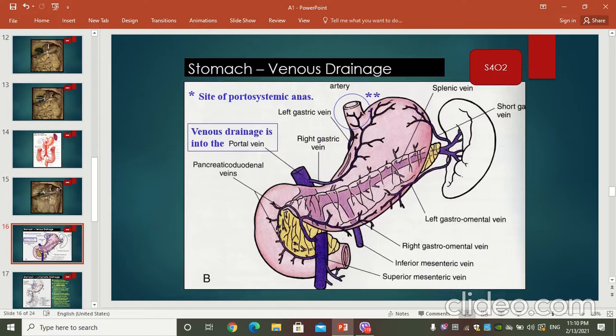Venous drainage: these run with the arteries, so they all drain to the portal vein.